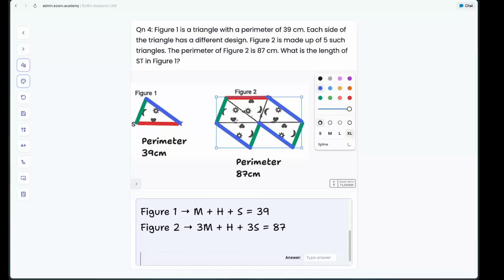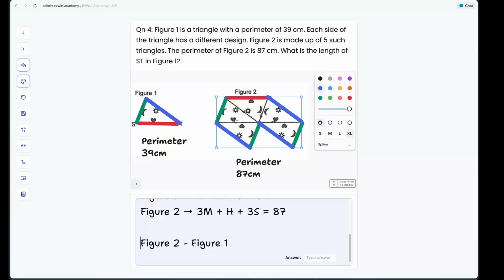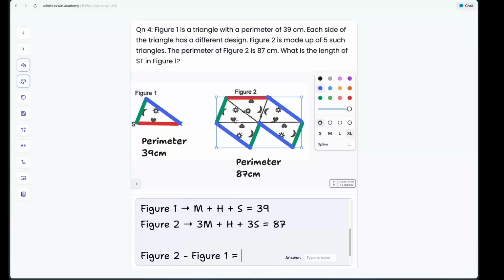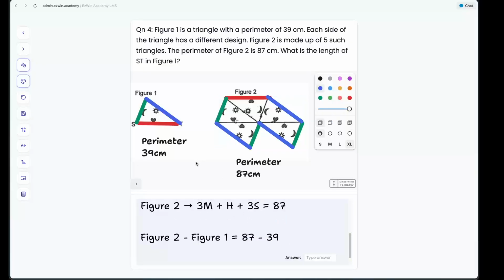So with that, we can just have figure 2 minus figure 1, which is equal to 87 minus 39. And if we were to cross it out, I will just remove or make this not visible.